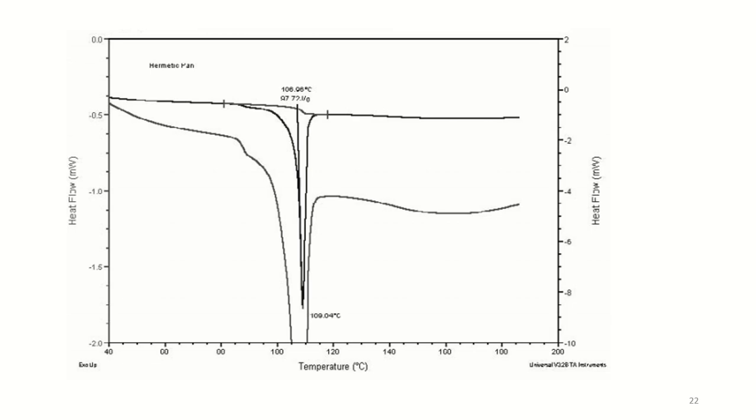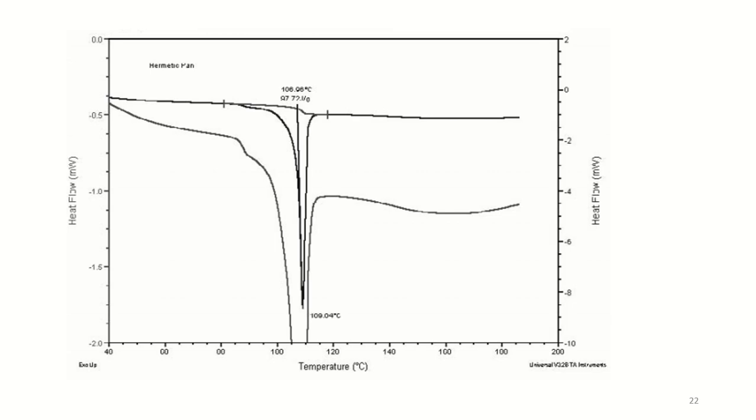This shows the data from the 10 degrees Celsius per minute experiment at two sensitivities in order to illustrate some of the fine points. The slight step at the leading edge of the melt is not a glass transition.